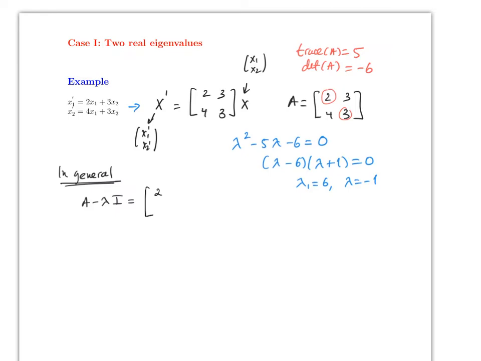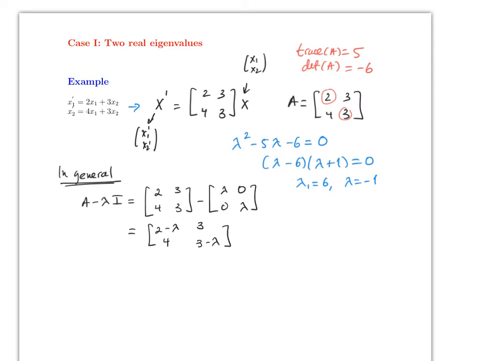So remember, this will be 2, 3, 4, 3 minus lambda I, which is lambda 0, 0, lambda. And this gives you 2 minus lambda, 3, 4, and 3 minus lambda.